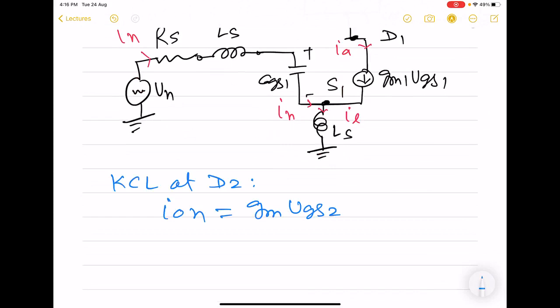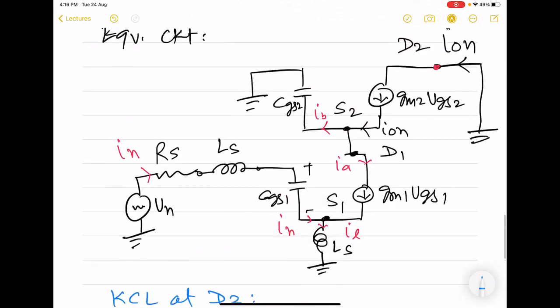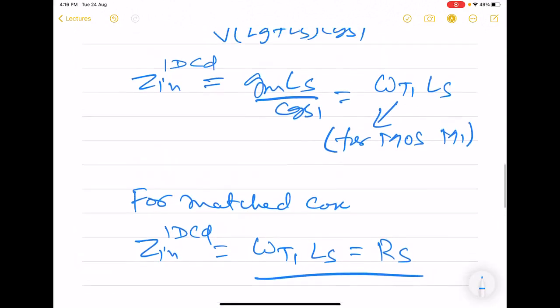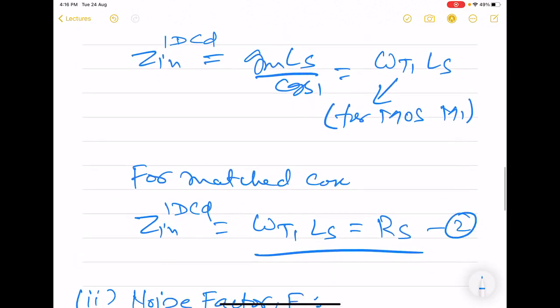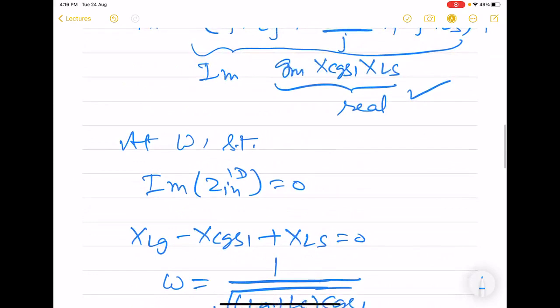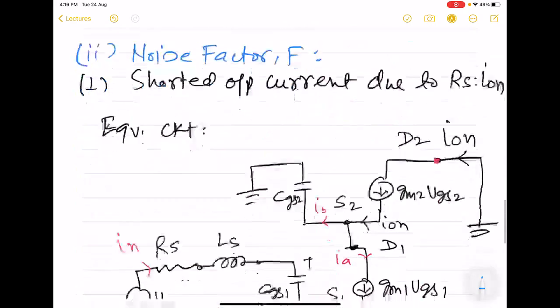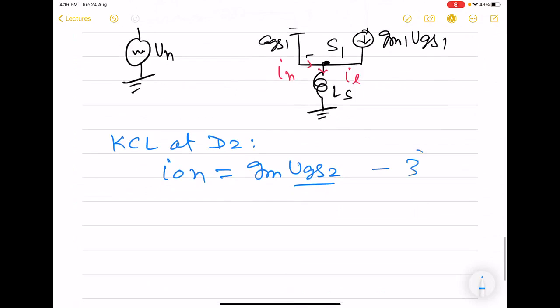So here, what we have is the unknown VGS2. So for this, we will have to set up equations. This we can call, let us say, equation 2. And this is equation 1. So we will be very often requiring this equation 1. So this is equation 3.